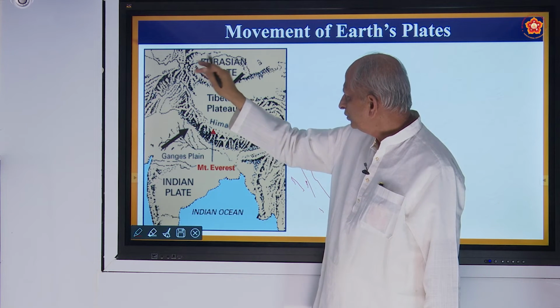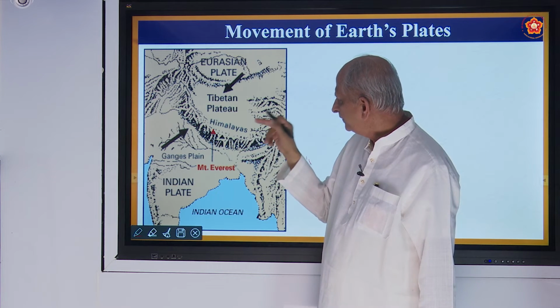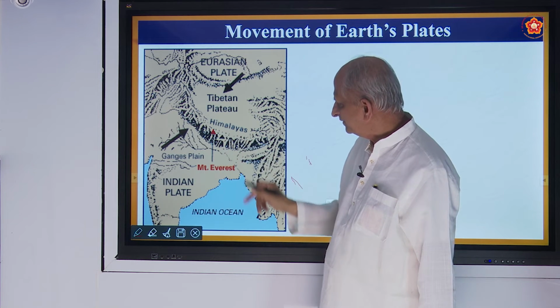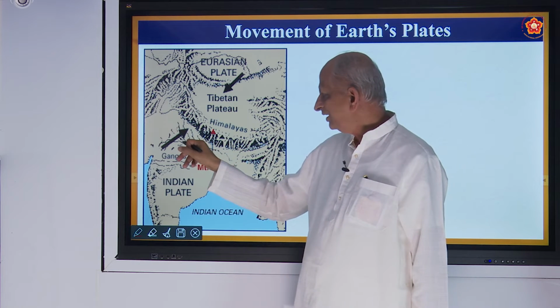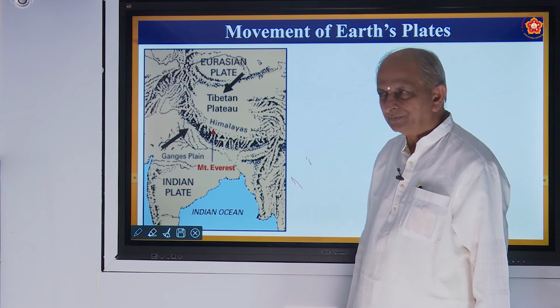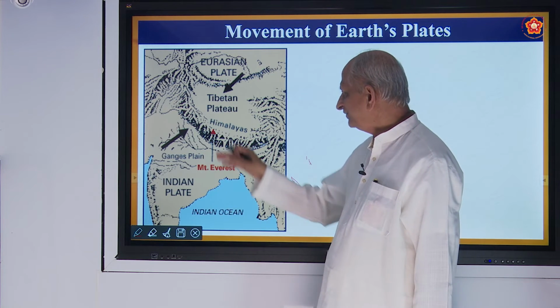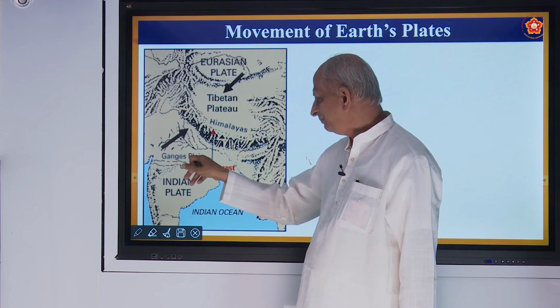Eurasian means Europe and Asia. And this is the Himalayas. This is called the Ganges plain. Now, the Ganges is one of the most sacred rivers in India, and this river creates what are called plains.